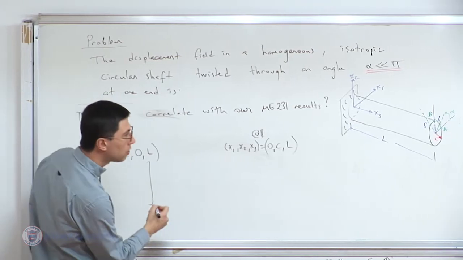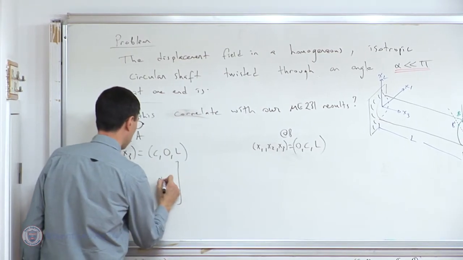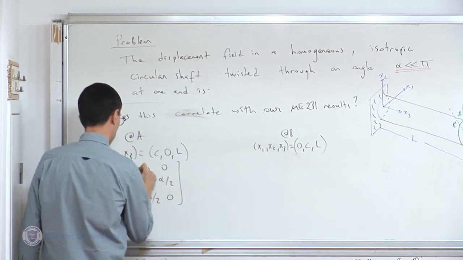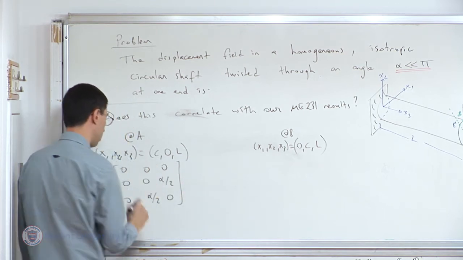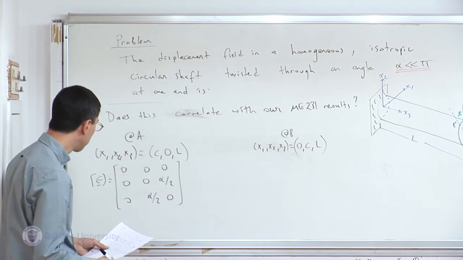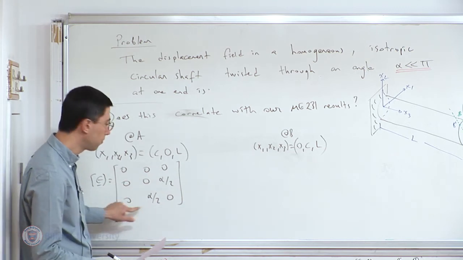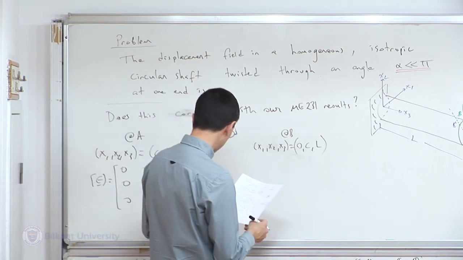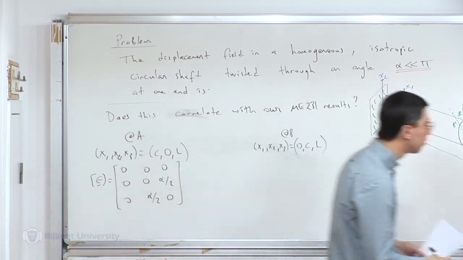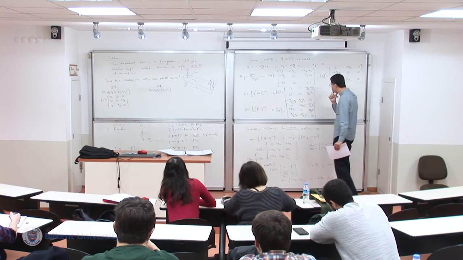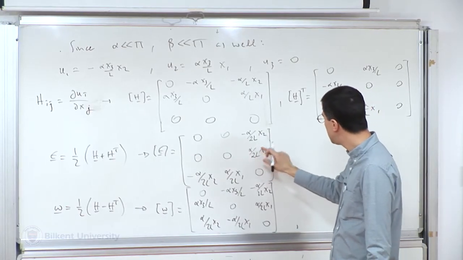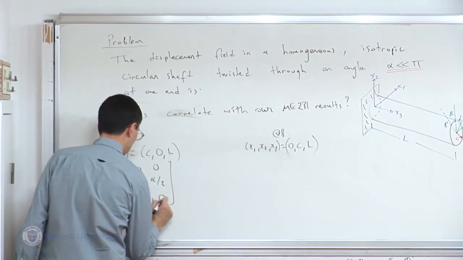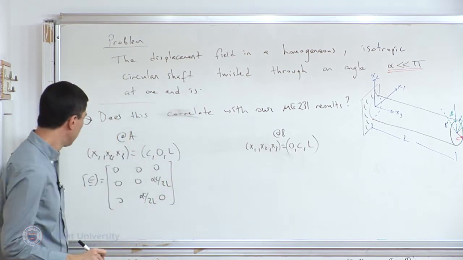Everything is 0 except the 2,3 entry and the 3,2 entry. They are equal to one another. Sorry, x1 is equal to c, so it is alpha c over 2L.